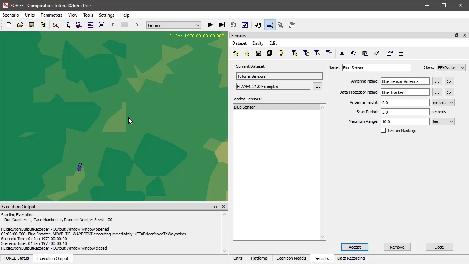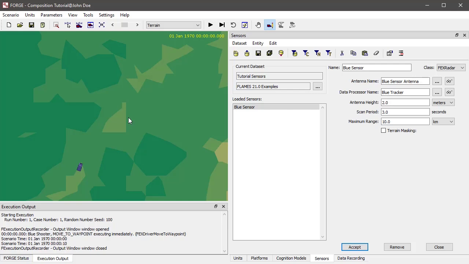So in order to model that realistically and hence create a simulation that can produce realistic results, you have to model the processes of forming perception accurately. And you have to allow every participant in the battle to have their own unique perception of the world around them. So that's another reason why cognition models in FLAMES are so important.